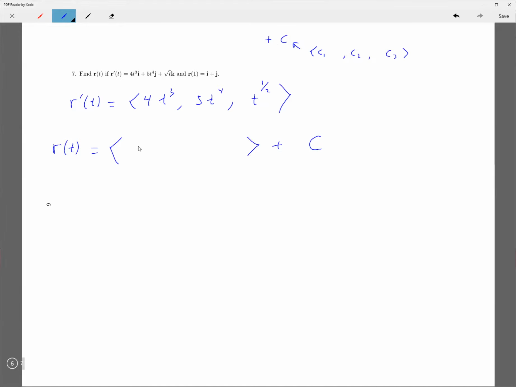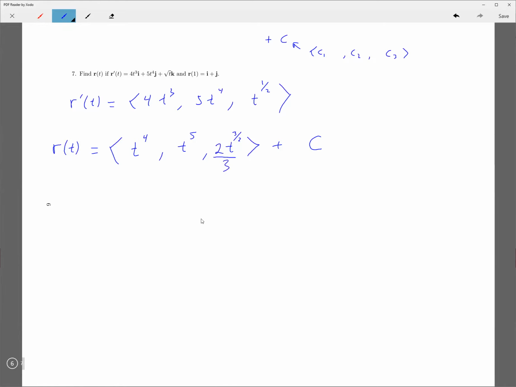So the antiderivative of this would be what? T to the 4th. Yes, and then right here, T to the 5th. Yeah, and then this one. Would it be 3/2 T to the 3/2, and then times 2 over 3? Yeah, 2 over 3 to get rid of that.